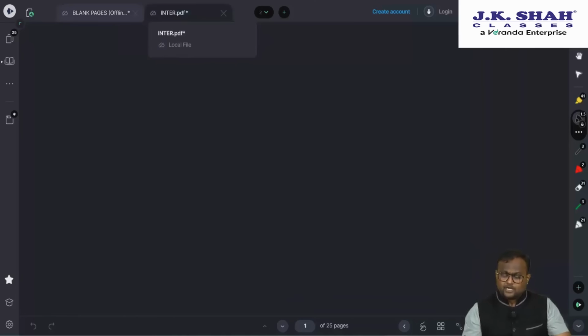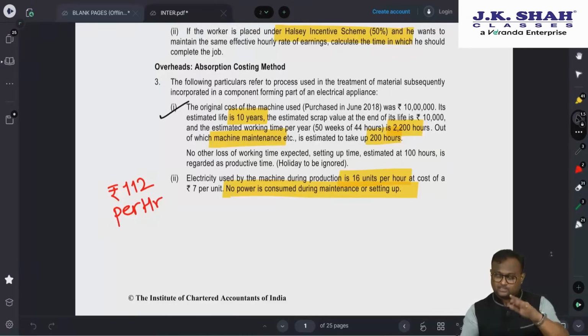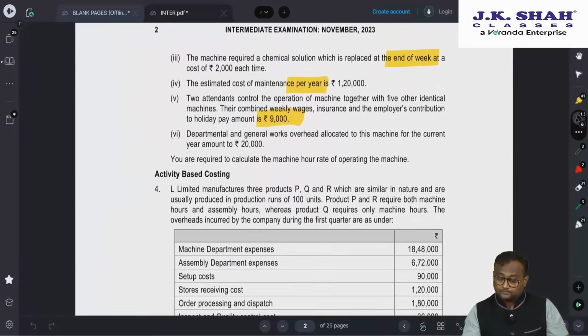I am going for per annum data only because my number of hours are also given for 1 year. My next cost is electricity, which is only on an hourly basis, so I'll skip that and add it later.